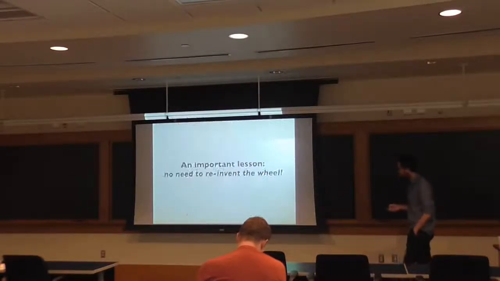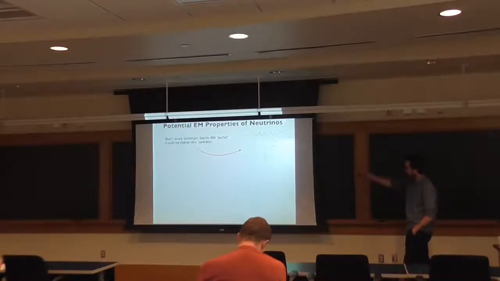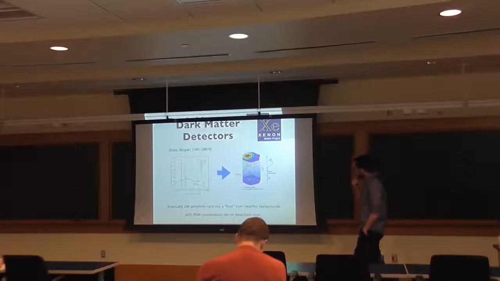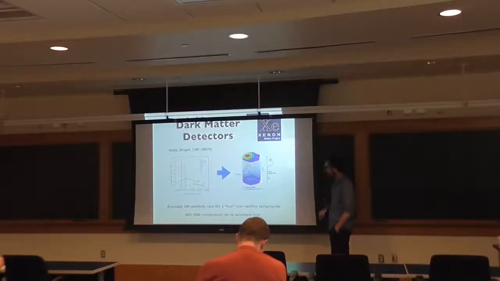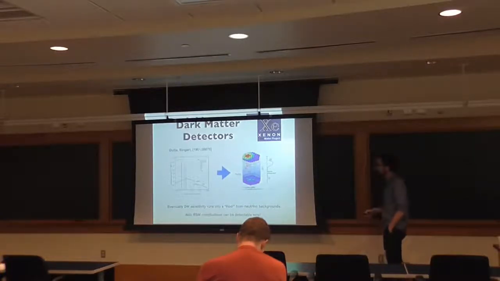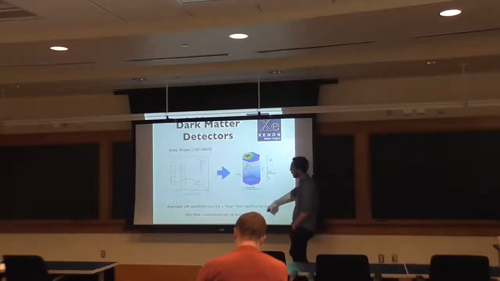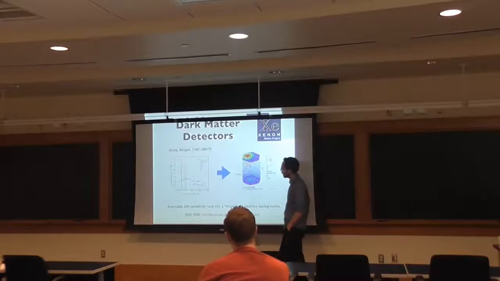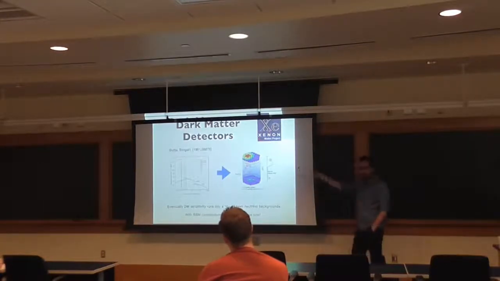So another way we could look for the same interaction, this dipole portal interaction for sterile neutrinos, is with direct detection data. This is something people here know a lot about, but just in case you haven't heard about this, the basic idea is to use a dark matter detector, an experiment designed to look for the small energy deposition from dark matter colliding with a nucleus.